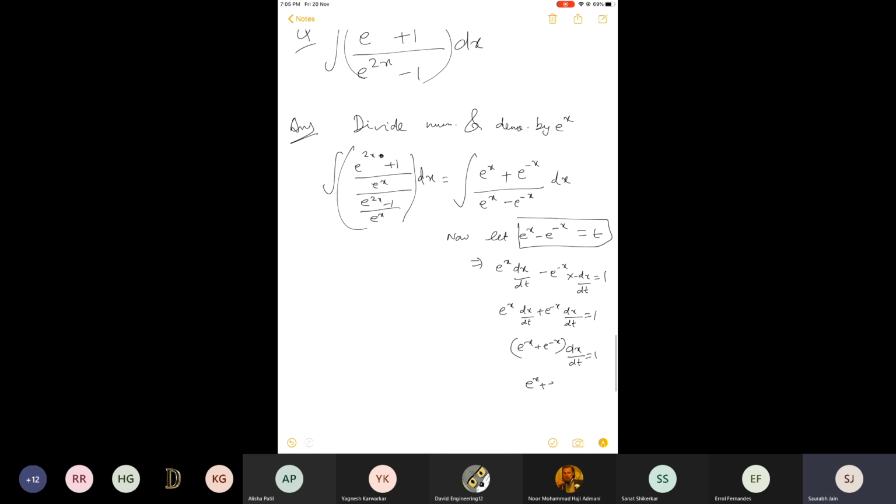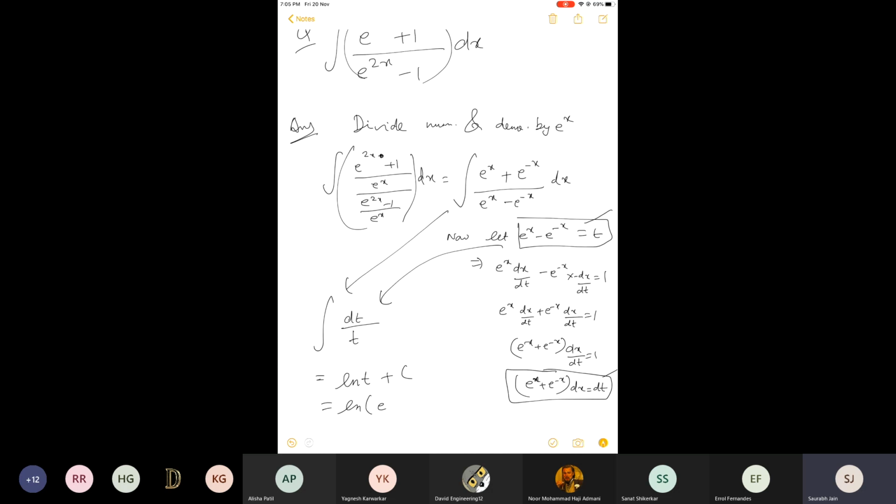E to the power x plus e to the power minus x dx is dt. Let us integrate. In the numerator, once again you can see you will get dt, that is e to the power x plus e to the power minus x dx. In the denominator you have t. What you observed? Either the question is changing in the first formula or the second formula. Once again ln t plus c.